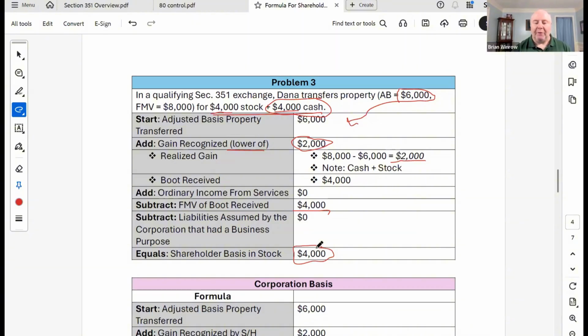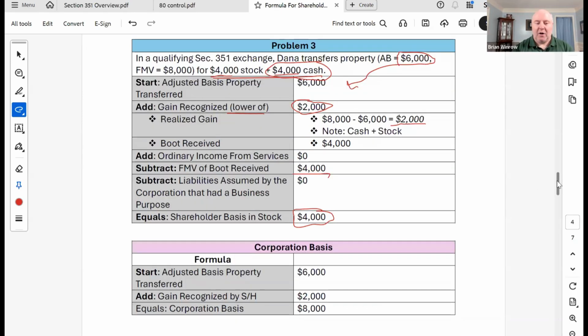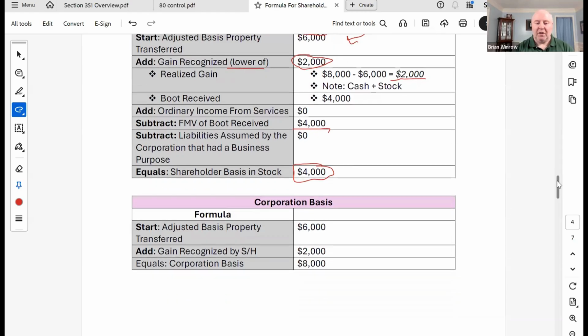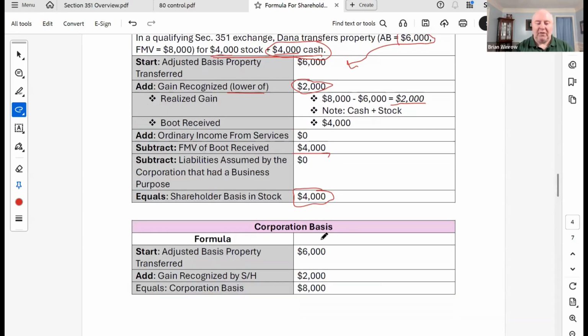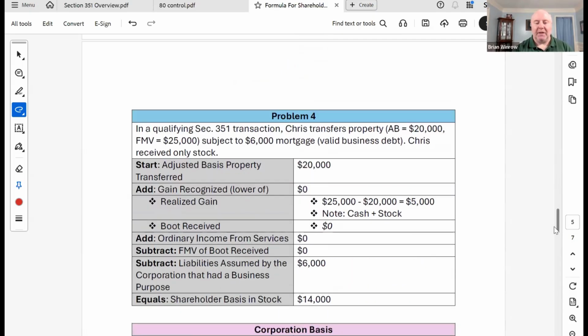So our basis will be $4,000. Okay? Our basis is going to be $4,000. Now, over here, what we do is a corporate formula, the first two steps. 6,000 plus 2,000 equals our $8,000. Okay, so let's look at another problem.